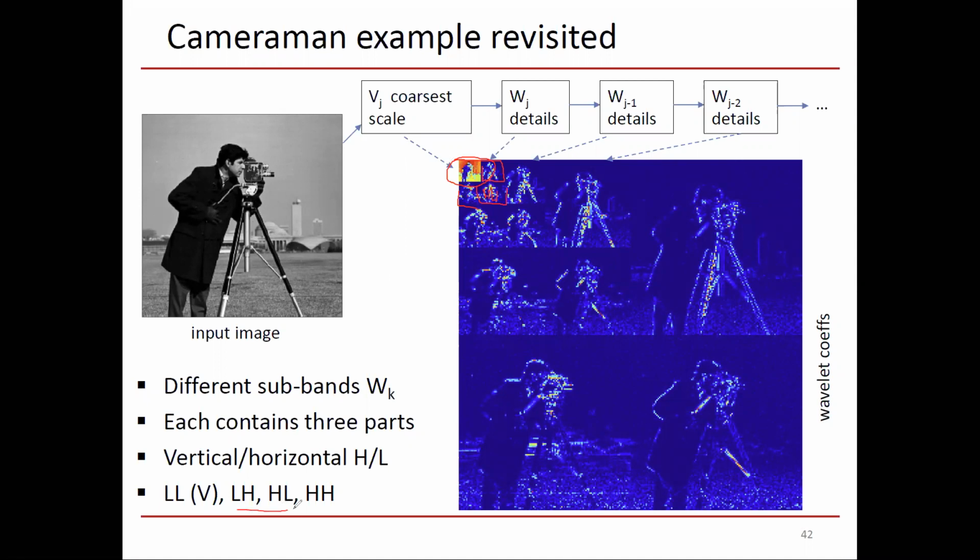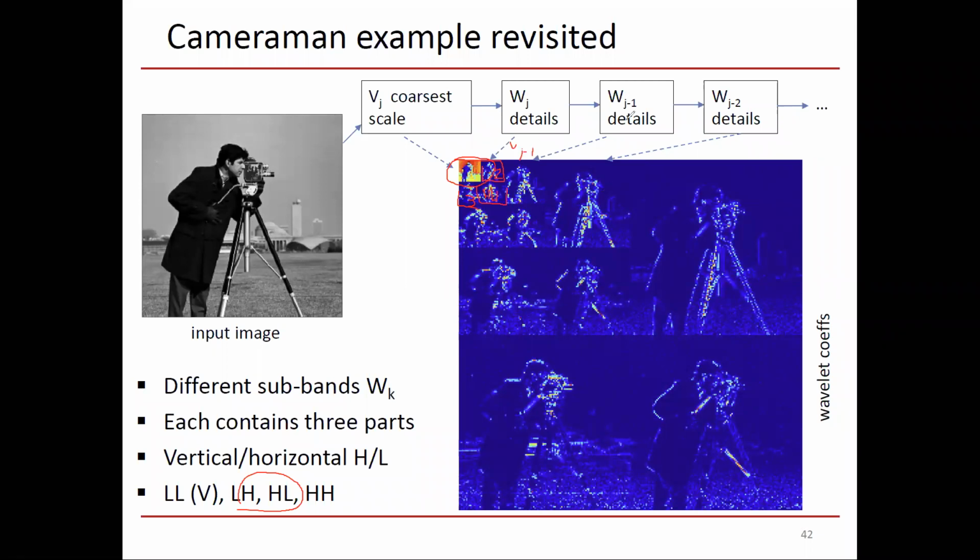And the other 2 parts, let's say number 2 and number 3, correspond to low-high and high-low. So the Vj combined with the 3 Wj's takes us implicitly to Vj minus 1.